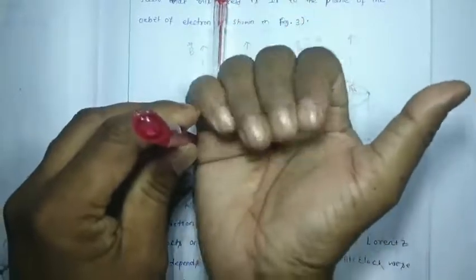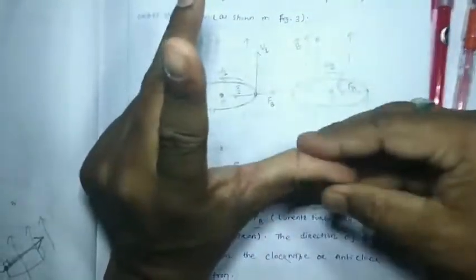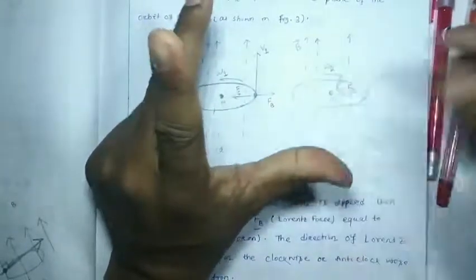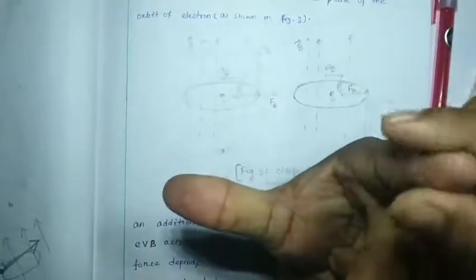So V cross B, if we apply the cross screw rule, it is giving this direction, or you can apply the left hand thumb rule: magnetic field is this direction, velocity is this direction, the force induced on the charged particle will be this direction.